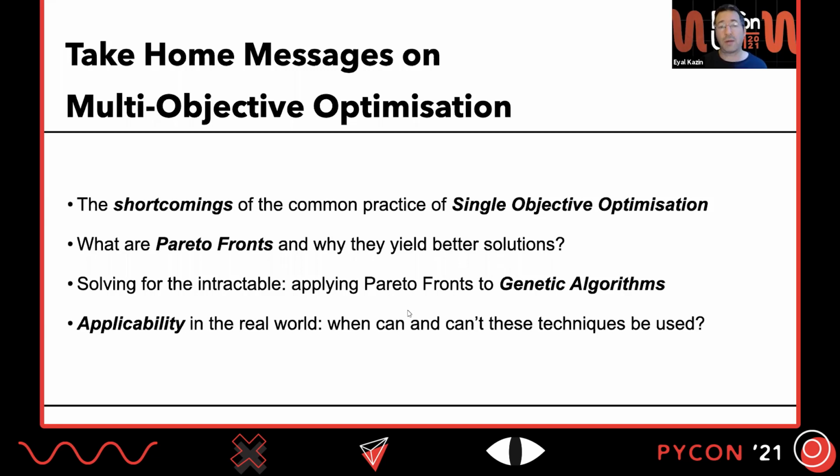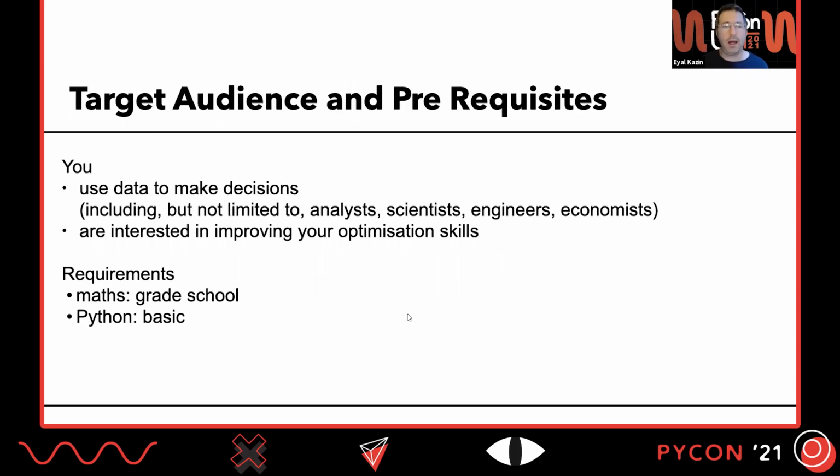And finally, we'll talk about applicability. At this stage, you'll understand, is this relevant for the project you're working on? You'll do so by being able to identify characteristics of when this technique is useful and when it's not. So the way I designed this talk is focused on people who use data to make decisions.